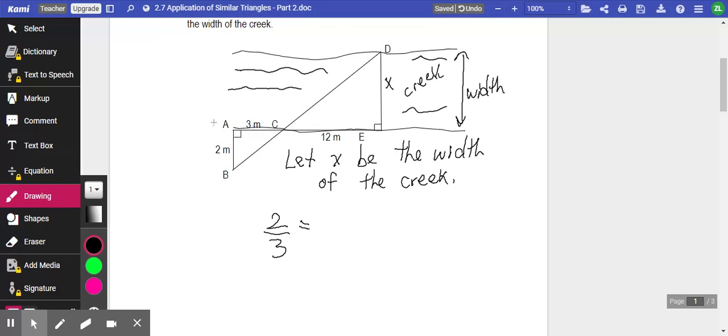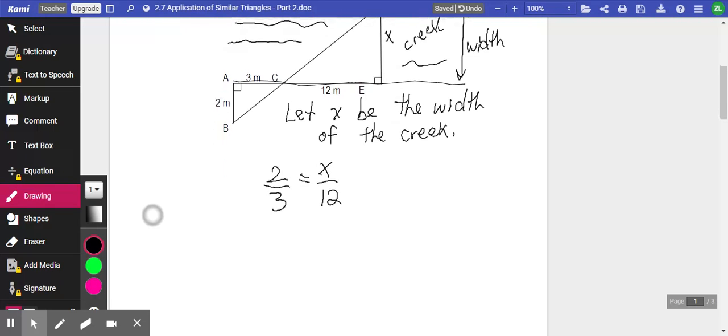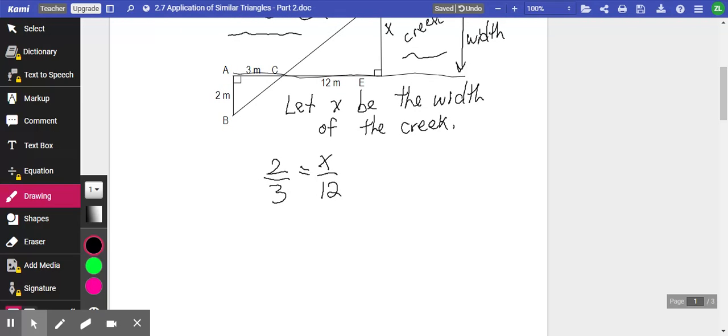So A to B being the same as D to E, that would be our X. And underneath that, A to C being the same as C to E ratio-wise. So we've set up our proportion based on the following: 2/3 is equal to X over 12, where X is the width of the creek.